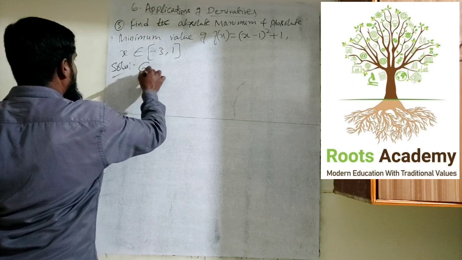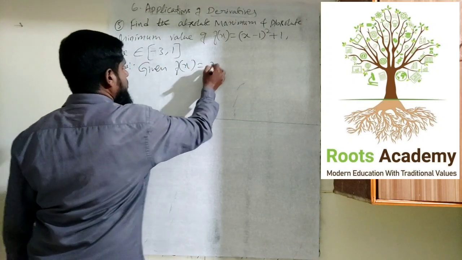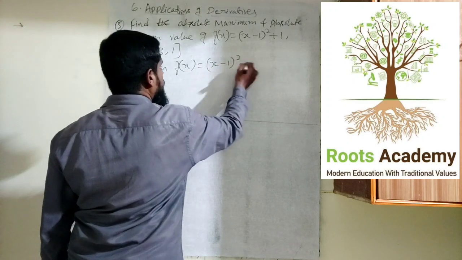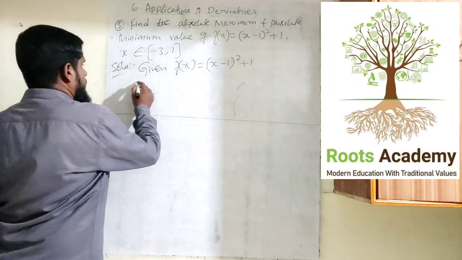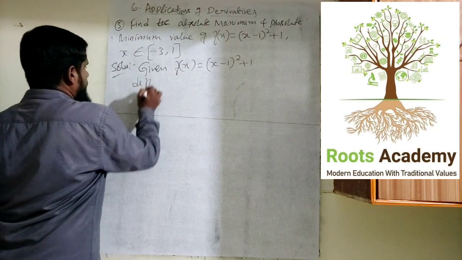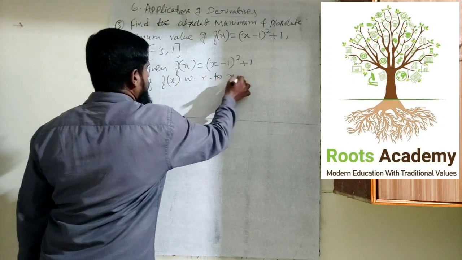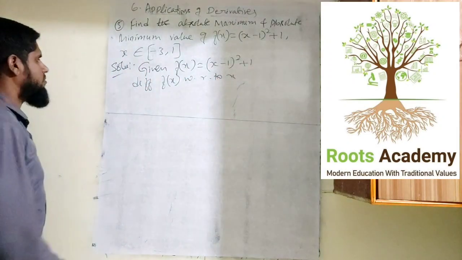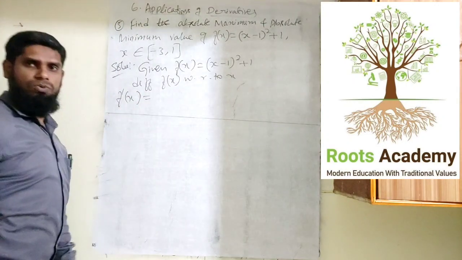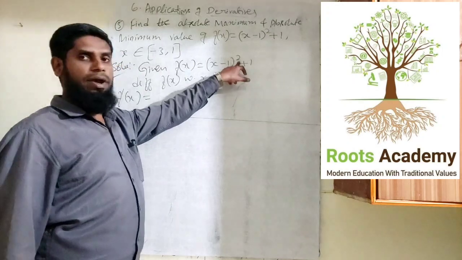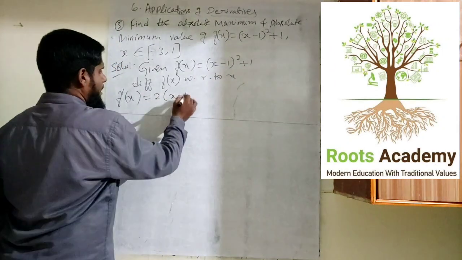Solution. Given f of x is equals to (x minus 1) whole square plus 1. So if I differentiate this with respect to x, f dash of x is equals to derivative of x square, which is 2x.